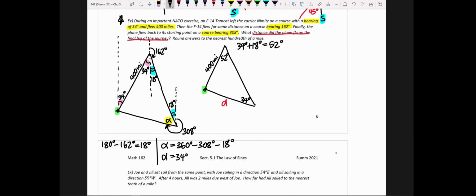Okay, so with the bearings for each leg and the distance for the first leg, we're able to draw an oblique triangle with 2 angles and 1 side. So this is called angle, angle, side. And with angle, angle, side, we can use the law of sines to solve. So law of sines is you take sine of an angle divided by its opposite side is equal to sine of any other angle in the triangle divided by its opposite side.